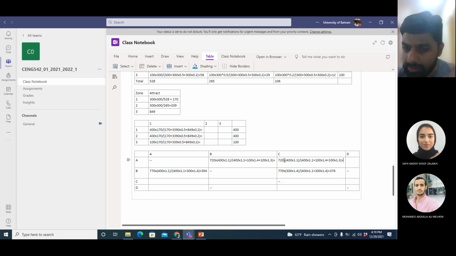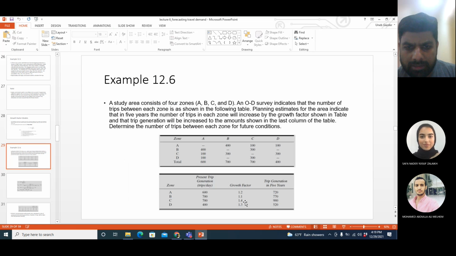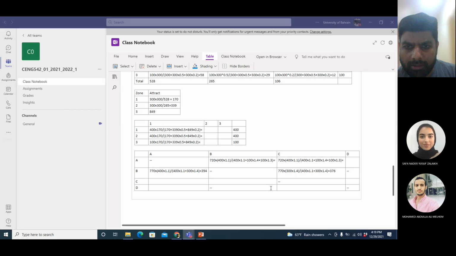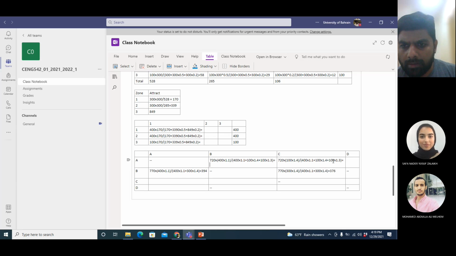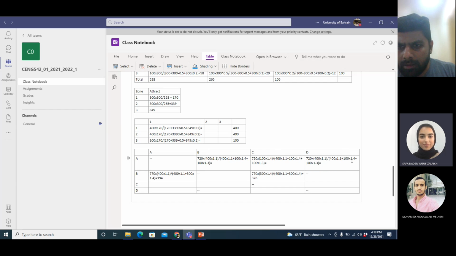For the remaining zone, only this will change. So this is for C, so C is 1.4 and 100. The answer is 446.19.